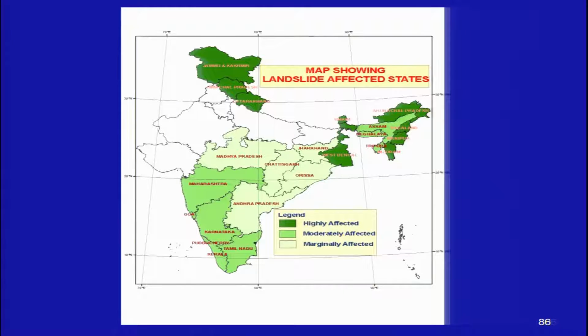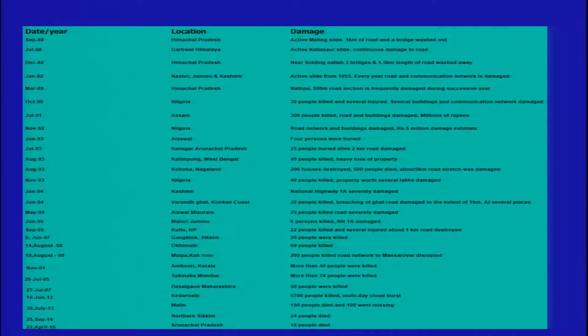Map showing landslide affected states. So, the darker green color is highly affected, the lighter one is moderately affected, and the lightest is marginally affected. These are a couple of landslide events which were experienced in India from 1968 to 2016.